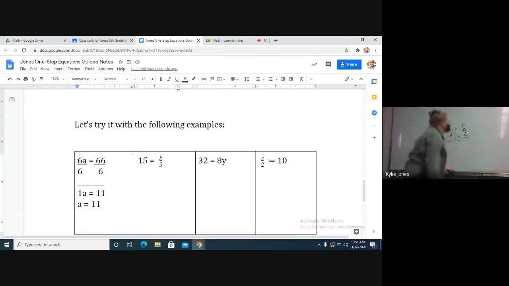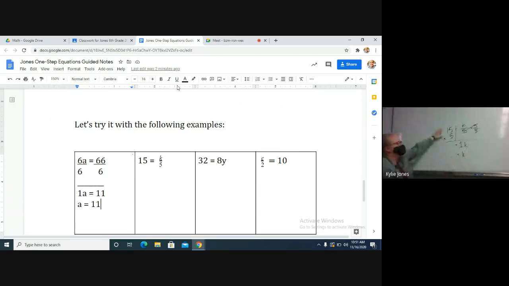Technically, this would kind of look like this, right? Times 5 over 1. These just cancel each other out. They just go away. 5 divided by 5 is what? 1. So they cancel out and you're left with 1K or just K, right? It's the same thing. And then we just have to have our equal sign and do the opposite.